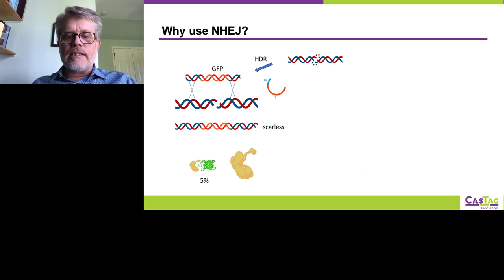If these indels, insertions or deletions, are in frame, then you still have a functional fusion between, in this case, green fluorescent protein and your protein of interest. And this occurs the majority of the time. And so one of the advantages of leveraging non-homologous end joining is that you also enjoy a great gain in the efficiency and the percentage of cells that are effectively labeled.